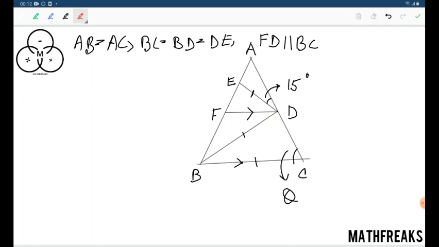Sorry. If this angle is theta, this will be pi minus 2 theta. Now this is parallel to this, means this will be also pi minus 2 theta. That earlier consideration of parallel lines was wrong.